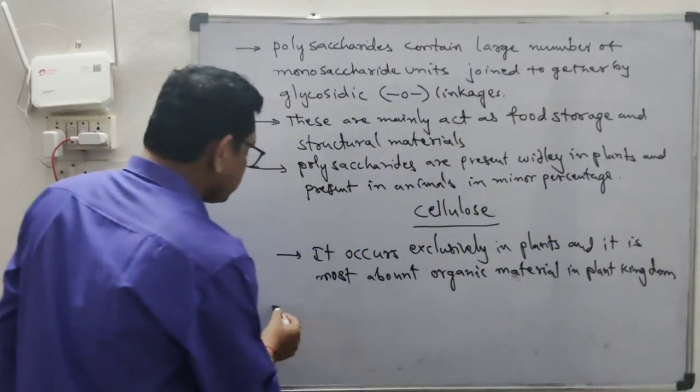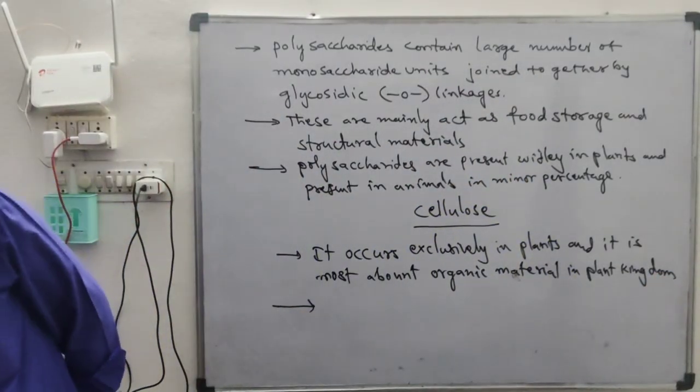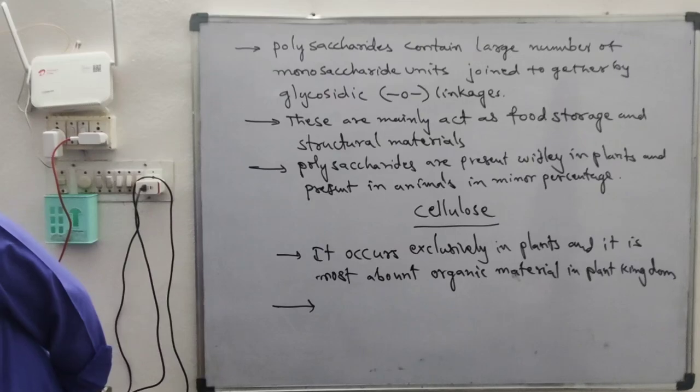Next, it is a predominant constituent of the cell wall of plant cells.